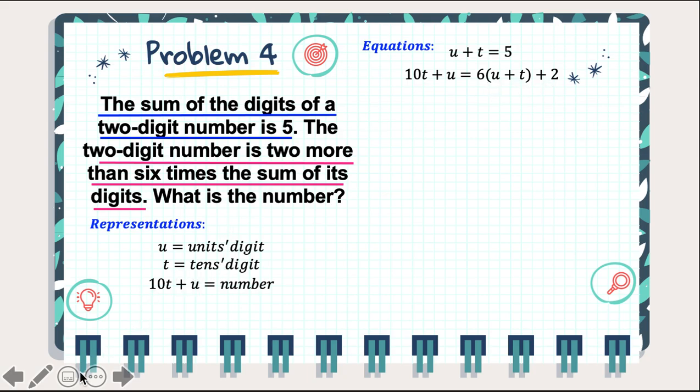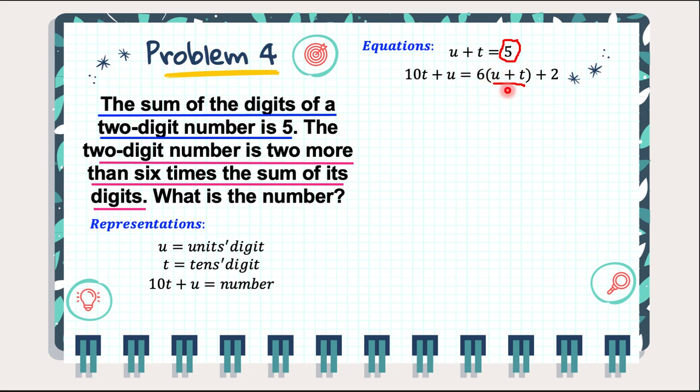As you can see here, we have u plus t, which is equal to 5. So what I will do is simply substitute u plus t and make it 5.